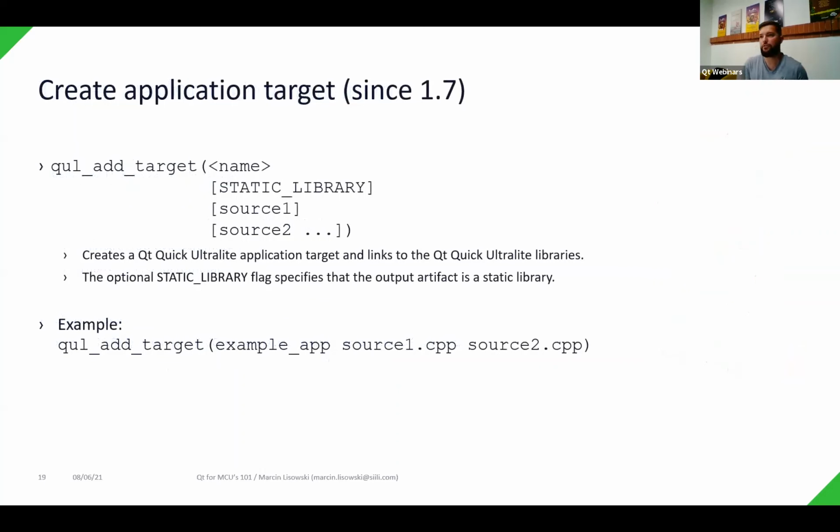To create the application target, we have our Qt for MCUs specific QL add target macro, which takes the name of your target. It can also take an additional argument that is different from the add target that comes by default from CMake. If you are using the static library argument, it means you are going to compile your Qt for MCUs application as a static library.